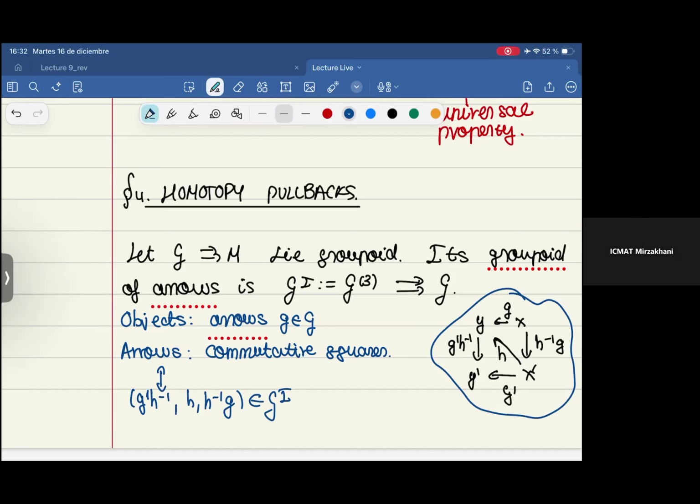This commutative diagram, you say it is like a morphism between G and G prime? I think so, yes.